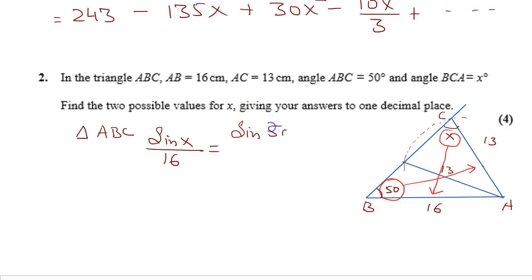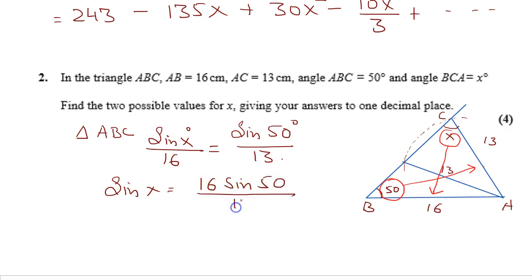So sine x is equal to 16 sine 50 over 13. So sine x is equal to 0.94.